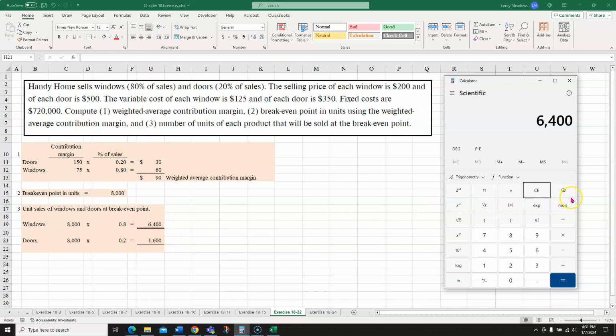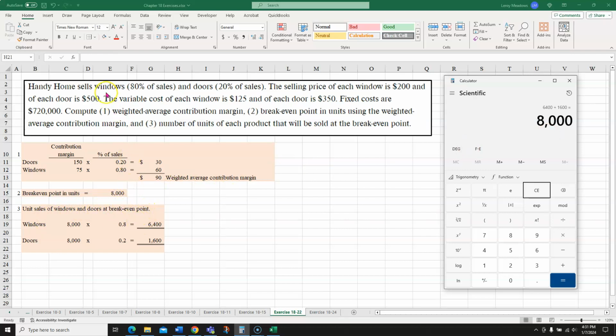Add to that my 1,600, and I've got my 8,000. So that is the number of unit sales of windows and doors at the break-even point.